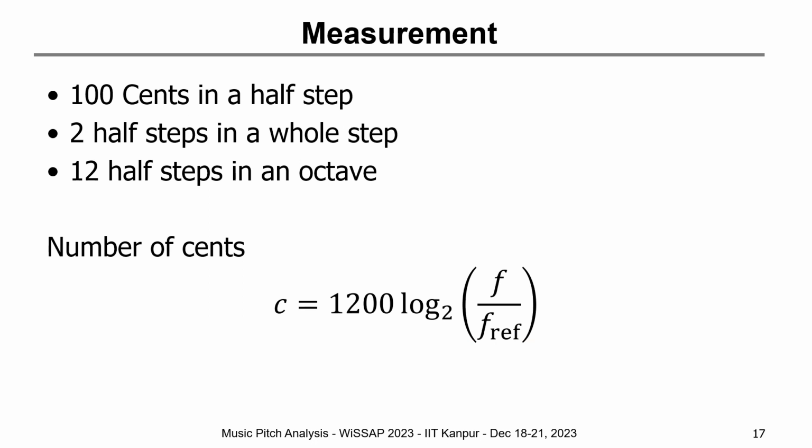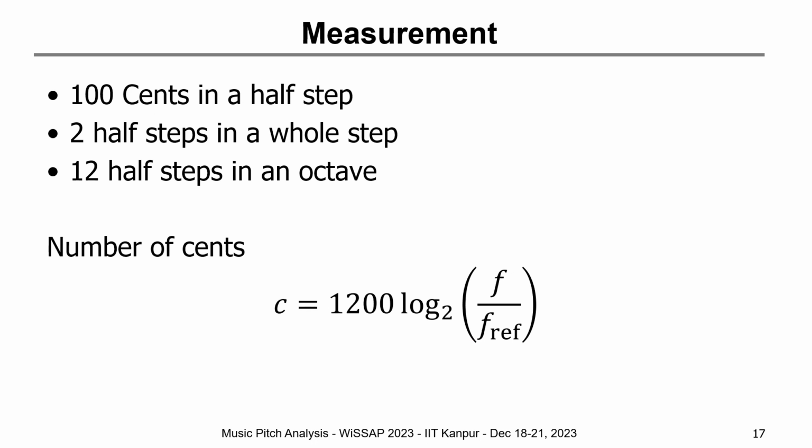So a semitone is also called a half step. In music terminology it's kind of weird, but a semitone is a half step. A tone is a step. But we further divide a half step into 100 cents, also following the logarithmic frequency scale. And 2 half steps makes a whole step. 12 half steps make an octave.